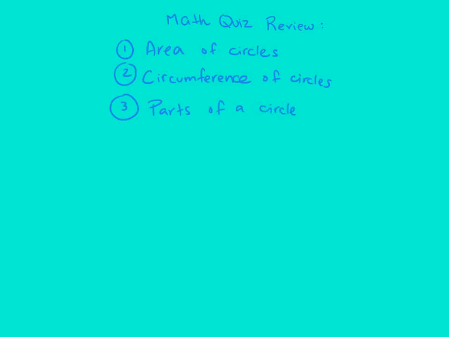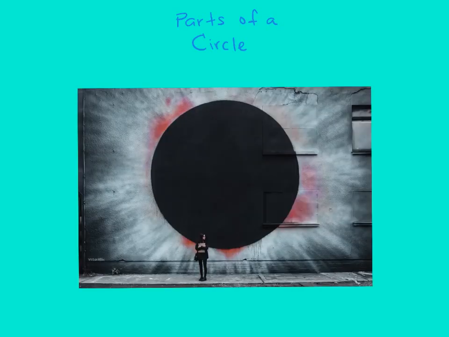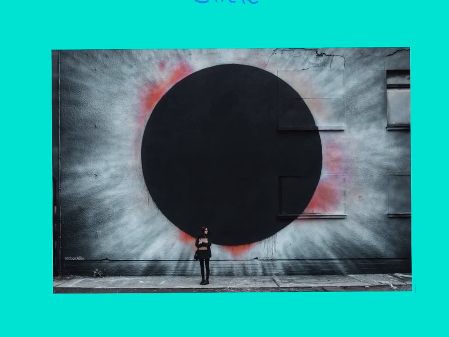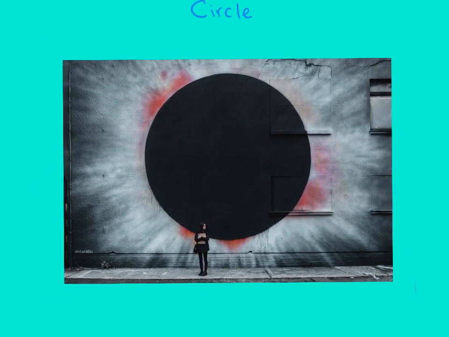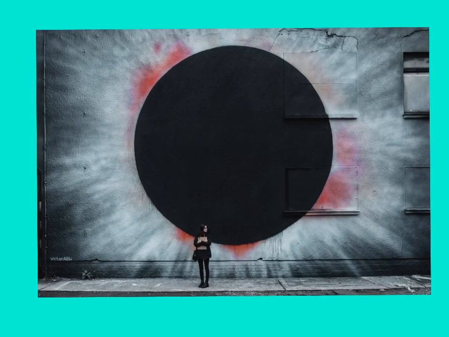Okay, parts of a circle, in my opinion, is the easy one. Let's go ahead and do that first. So, here you have a cool picture, and this is our parts of a circle picture. I'm going to be labeling parts of this circle here, of this super neat mural. I don't know where that's located.